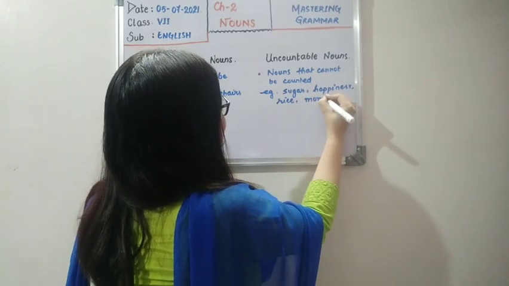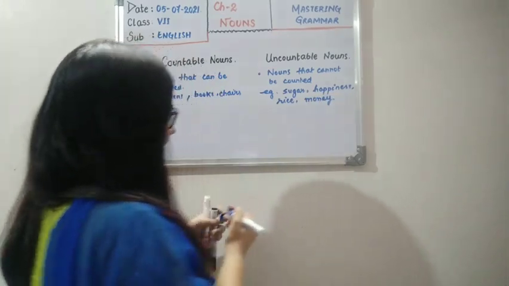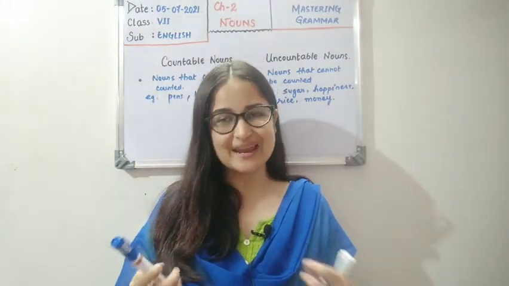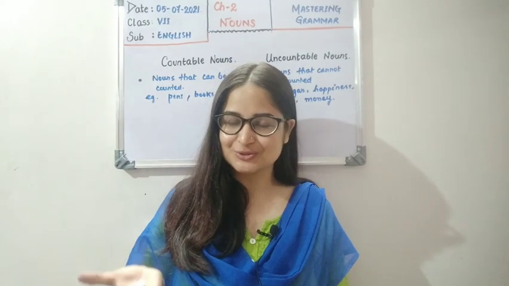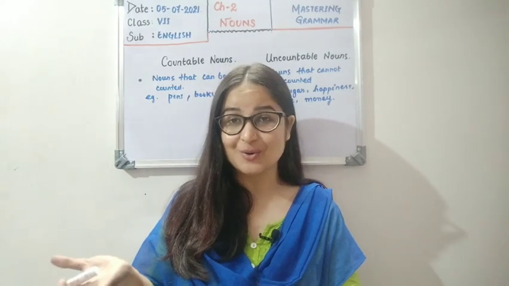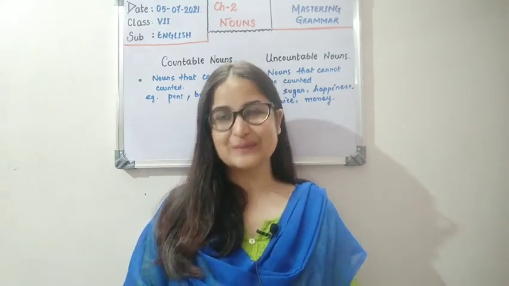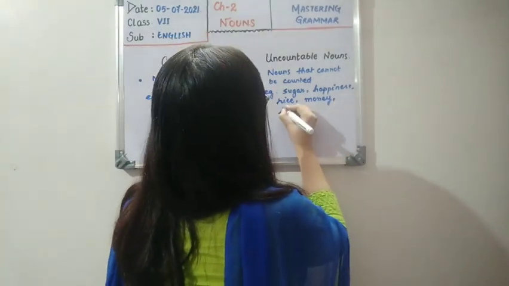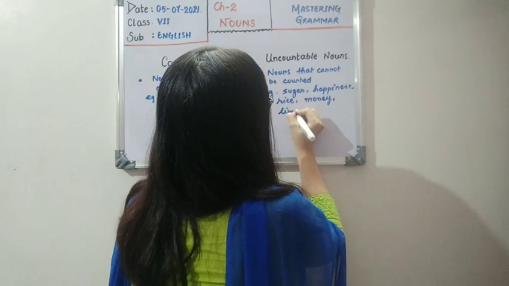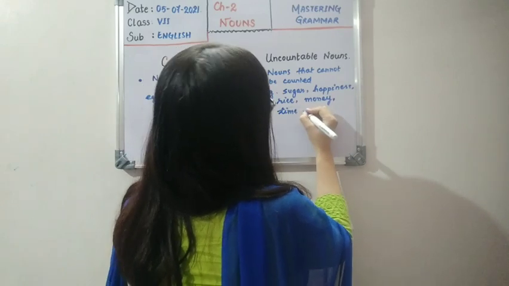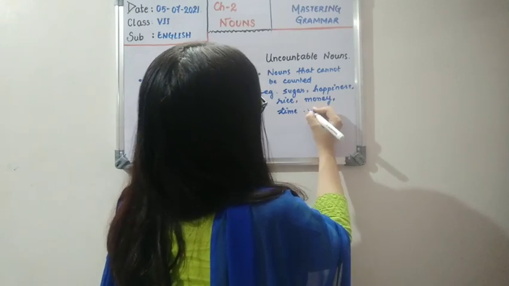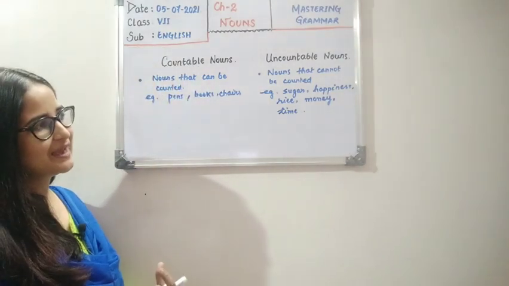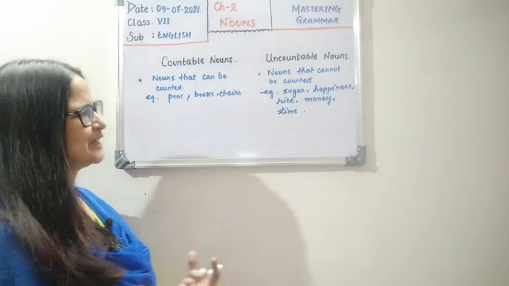I know you will say that, ma'am, we can count money, but how much money, children? Right? So you can count your money like 2000, 2 lakhs, you can count it. But this word money, time, all these things, because they are abstract, we cannot count them. They are uncountable. They can only be measured and cannot be counted.